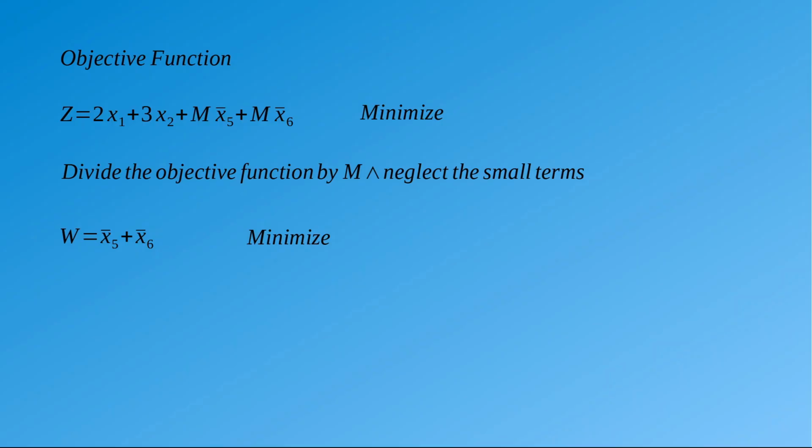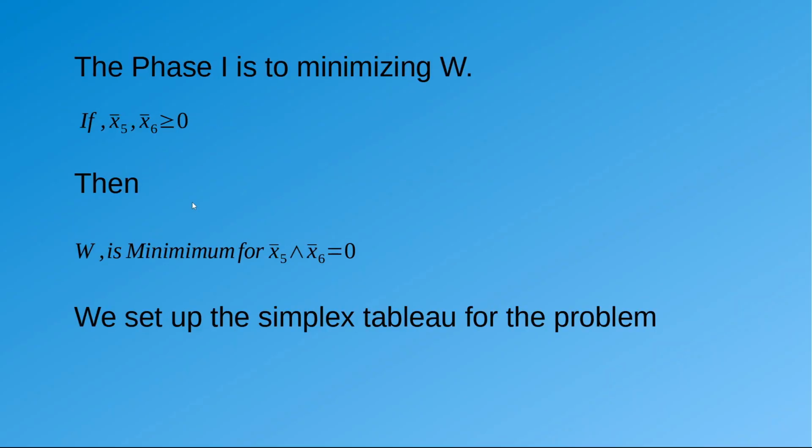So now we get a new objective function w, which is w is equal to x5 bar plus x6 bar, because M by M is 1 and M by M here also is 1. And we have neglected 2 by M and 3 by M. Now we have to minimize w is equal to x5 bar plus x6 bar. Phase 1 of the problem is that of minimizing w using the simplex method.